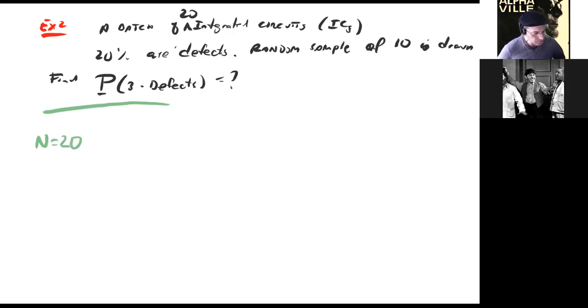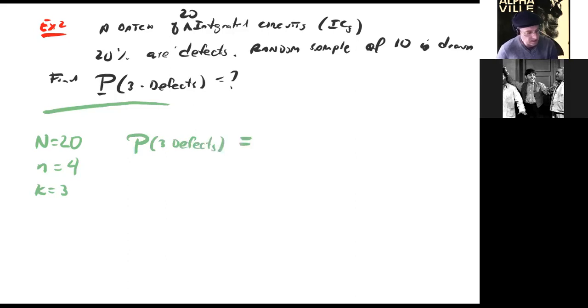And there are 20% defects, and we want the probability of a certain number of defects. So 20% of 20 is 1/5 of 20, so little m is 4. Okay. And what is k here? K is 3, the number of defects we want to select. So what is the probability of 3 defects given by?